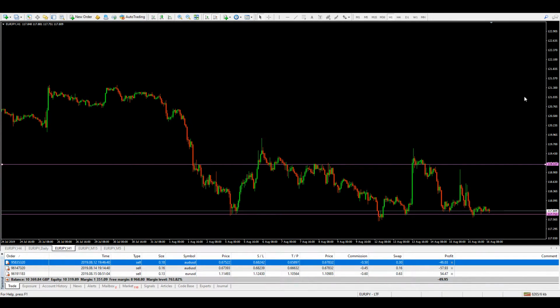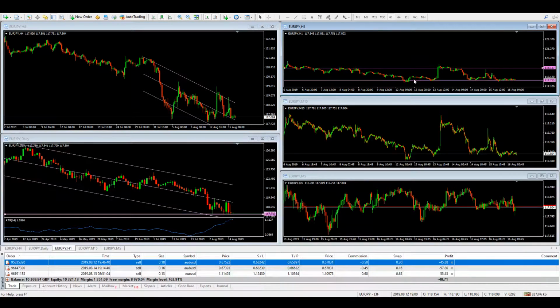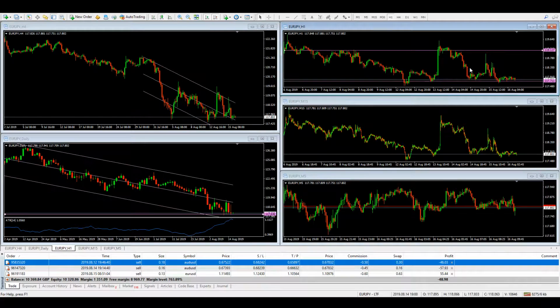I mean, you can try and trade the breakout as well. If you do it beyond what you're seeing in the range, then what you're saying is that the price is either going to retrace on the daily or it's going to reverse completely.